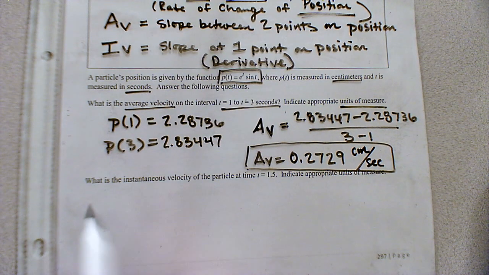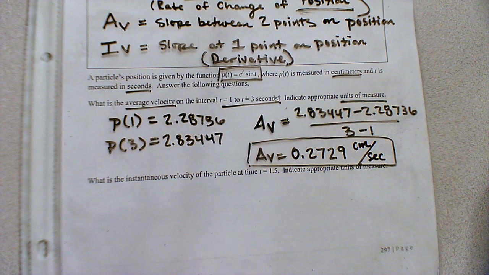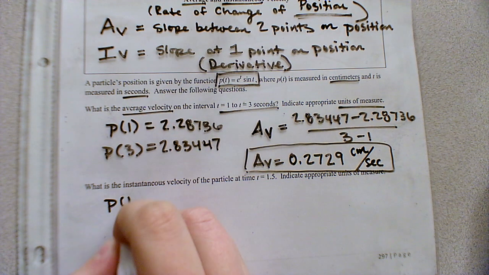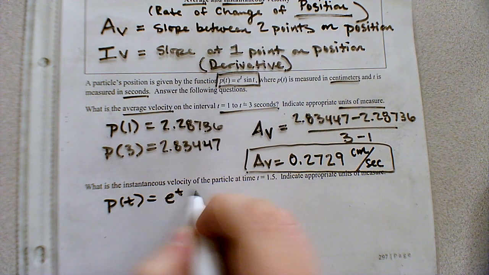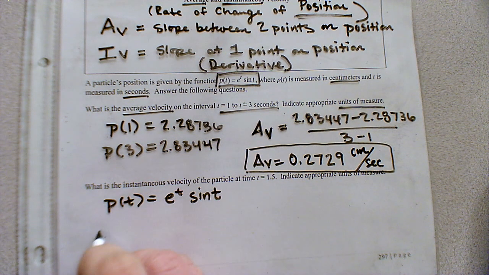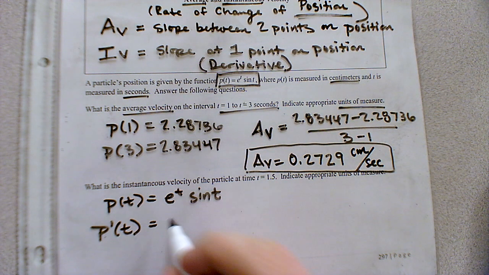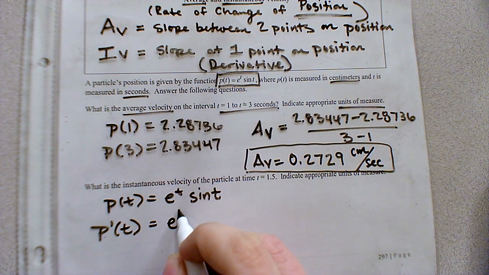All right, let's go ahead and try the next one. What is the instantaneous velocity? So this would be the slope at 1 point, aka the derivative of position. So we already know our position function is given to us. Let's find the derivative of this. So e to the t times sine of t, we'd have to use our product rule because we're multiplying two things together.